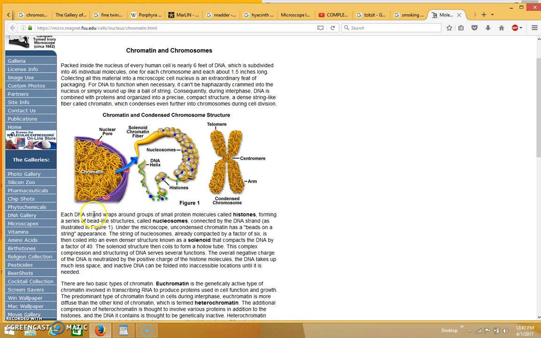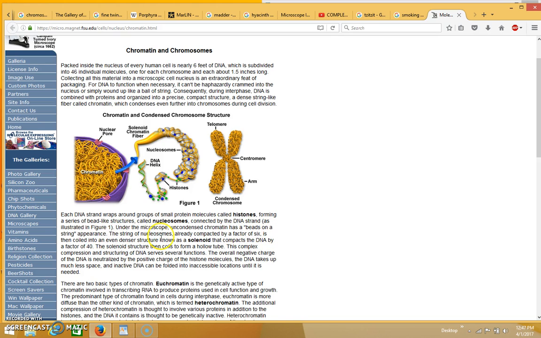It says, each DNA strand wraps around groups of small protein molecules called histones, forming a series of bead-like structures called nucleosomes, connected by the DNA strand as illustrated in Figure 1. Under the microscope, uncondensed chromatin has a beads on a string appearance.